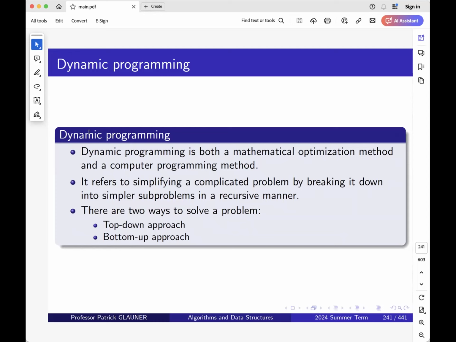And today we are looking at dynamic programming. And in general, dynamic programming is a mathematical optimization method, as well as a computer programming method. And in general, dynamic programming allows us to simplify a complicated problem by breaking it down into simpler subproblems.